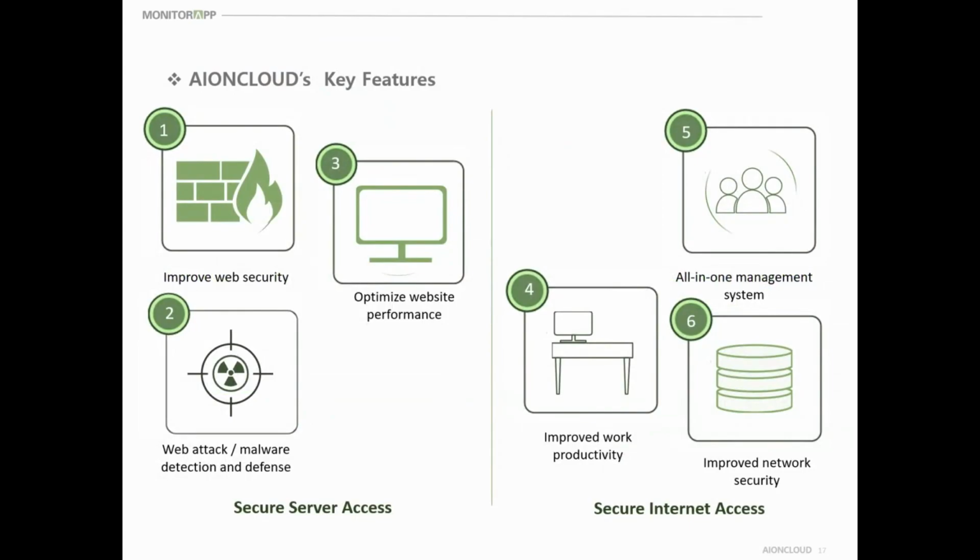For the next, as I explained, AIONCLOUD has two types of services. Each service has key features. For the secure server access: improve web security, optimize website performance, web attack or malware detection and defense.